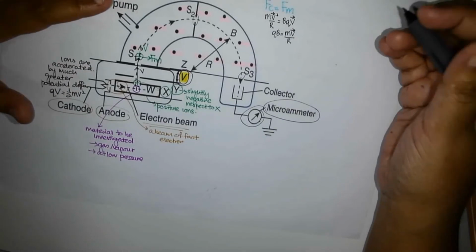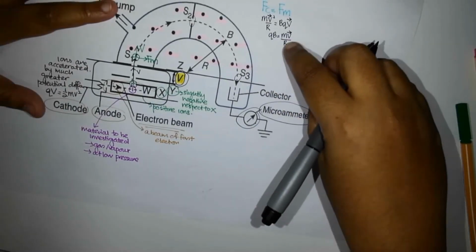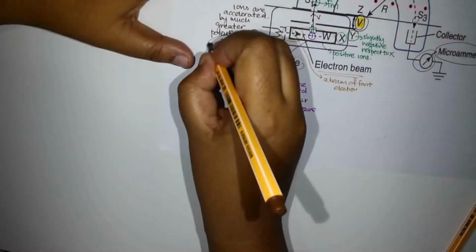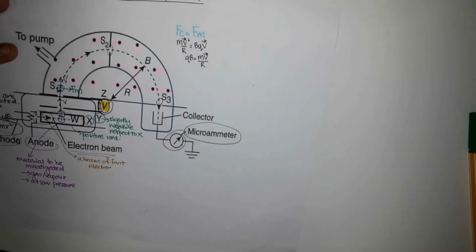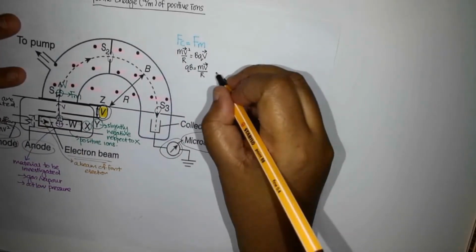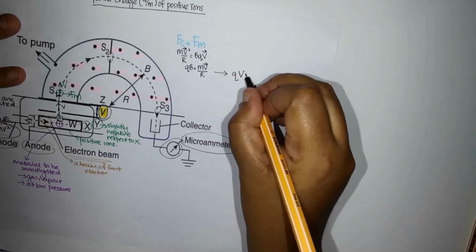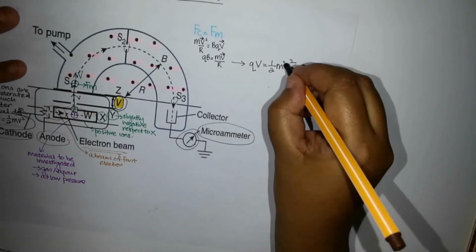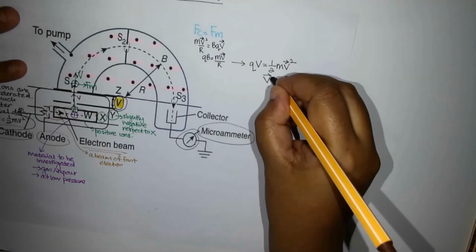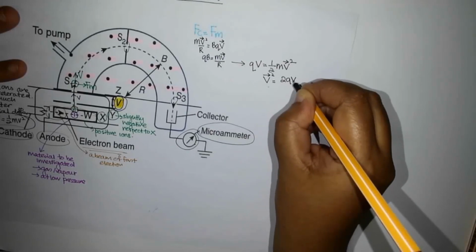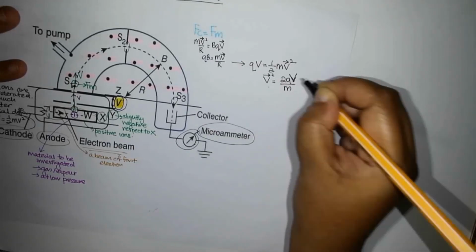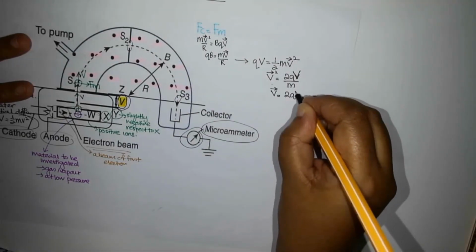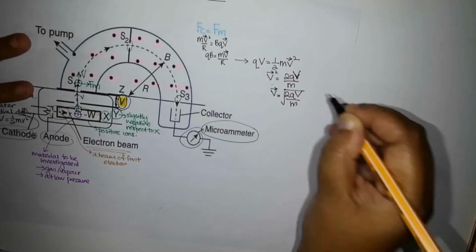So we get QB equals mv over R. Now we apply back the concept QV equals half mv square. So v square equals 2QV over m, with big V, and v is equal to the square root of 2QV over m.